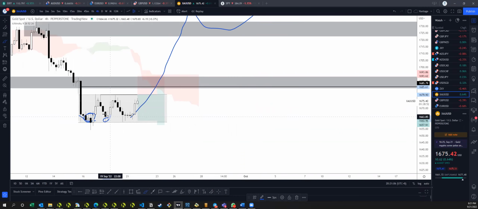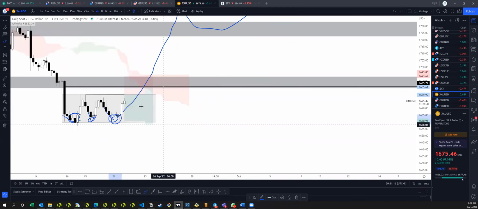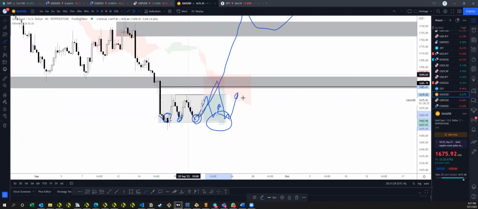All these wicks would tell us that there's strong bias here, and then this tells us that there is strong bias here as well. So the next probable buy would be to see if price hits here, reacts, moves up, and you buy, or moves up to this level, breaks down, and reacts to this level. And this will be our first buy for a bullish move.